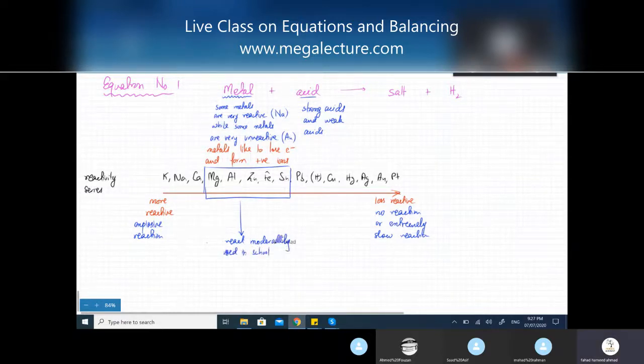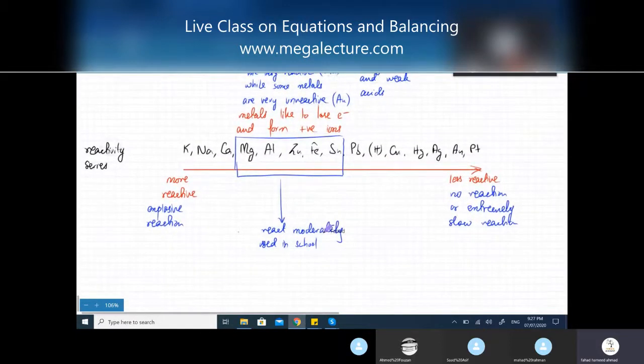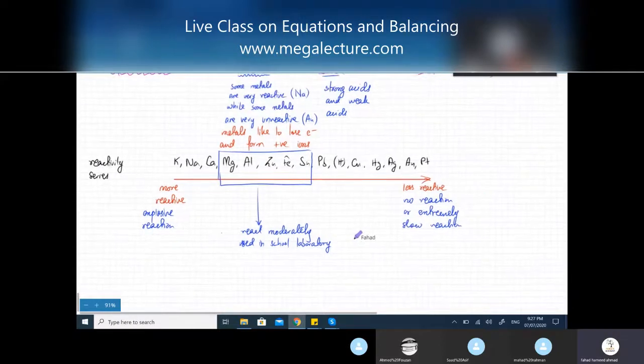When you react these metals, metal plus acid produces salt plus H2, no explosive reaction. The reaction would happen, but relatively slowly, so you'll be able to observe this very carefully. So they react moderately, used in school laboratory. You can do this reaction with these metals in your lab.